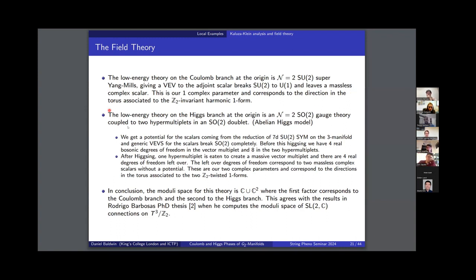On the Higgs branch, at the origin, we have an N=2 SO2 gauge theory coupled to 2 hypermultiplets, which transform as a doublet. This is essentially the abelian Higgs model. If we give a generic VEV to the scalars in the hypermultiplets, we break the SO2 completely, and we're left with just 2 massless complex scalars. These are the 2 complex parameters on the Higgs branch.